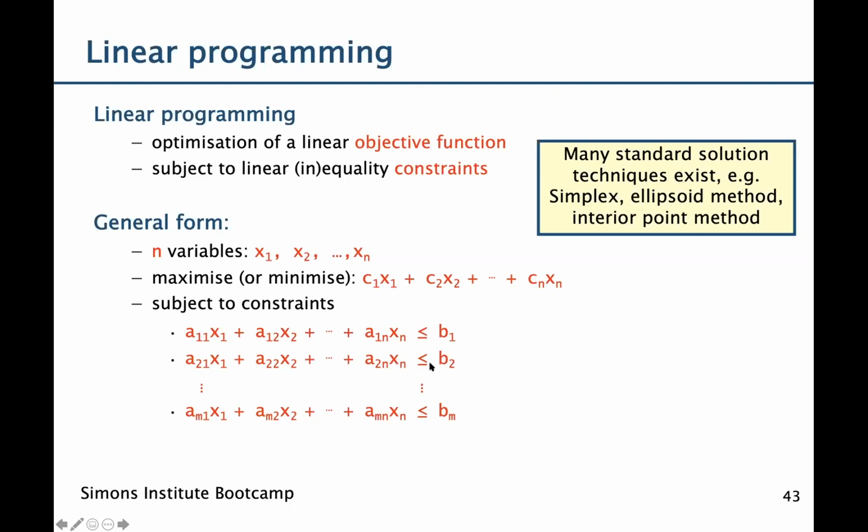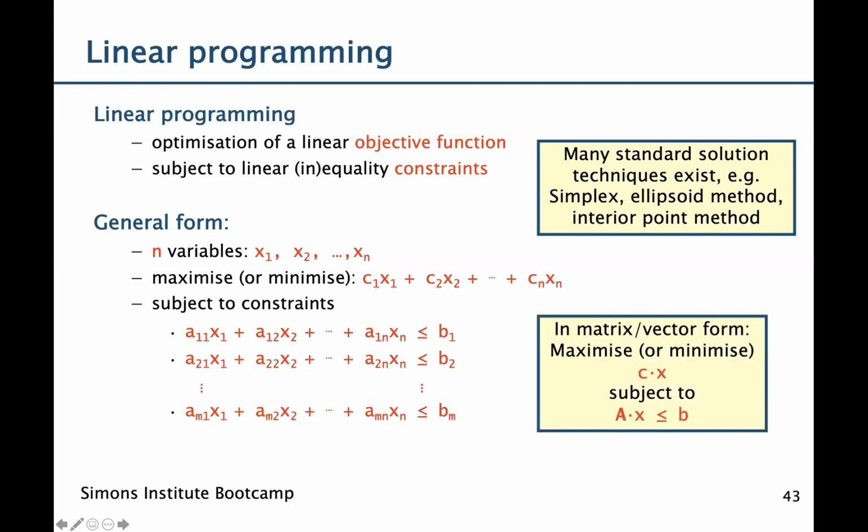So we've got a number of inequalities here, and again, the A's and the B's are constants, and we can consider this in matrix and vector form, in that we want to maximize or minimize c times x subject to some matrix A times x less than or equal to some constants b.